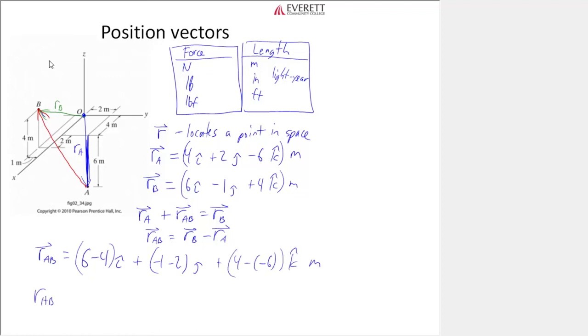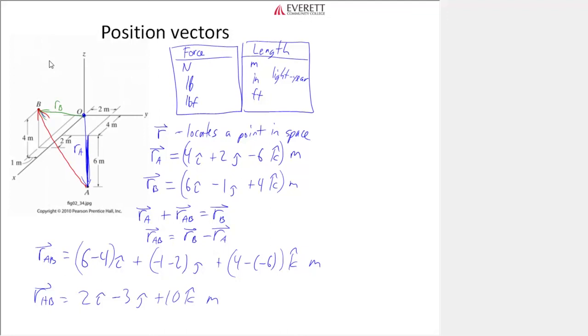Do a little bit of arithmetic. 2i minus 3j plus 10k. Okay, so now I was able to find out the position vector from A to B by doing some simple vector algebra. That's one way to do it.